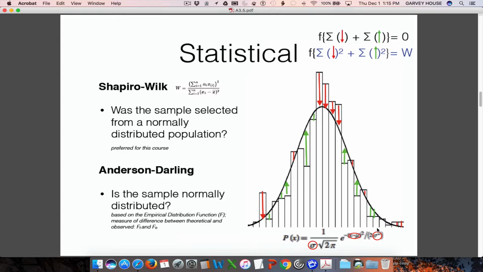And then we have the statistical test. Basically what these tests do is create a normal curve given this formula that I have right at the bottom here.